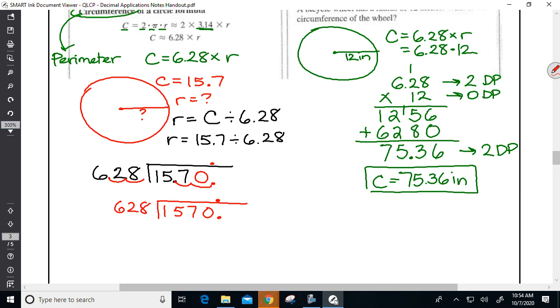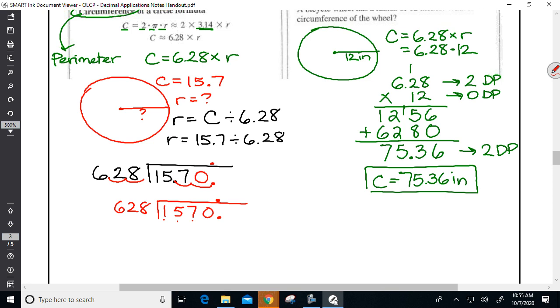Alright, so 628 cannot divide into 1, can't divide into 15, and it can't divide into 157. How many times does 628 go into 1,570? That calculator over there. Twice.